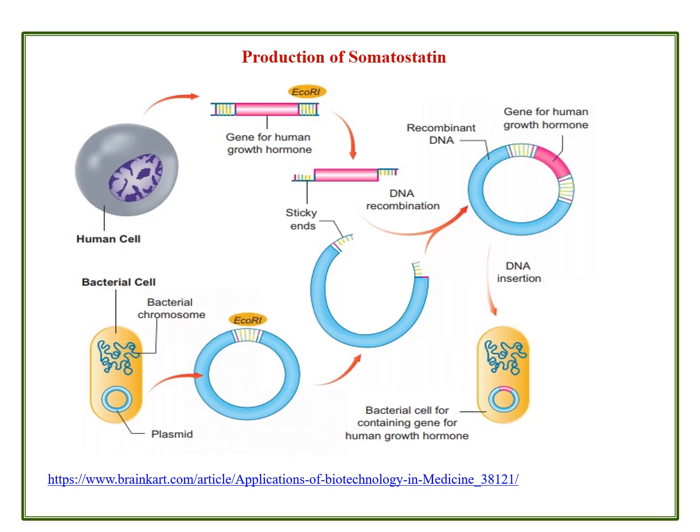From the human cell, a gene for human growth hormone is isolated and cleaved with the EcoR1 restriction endonuclease that develops staggered ends, or sticky ends.